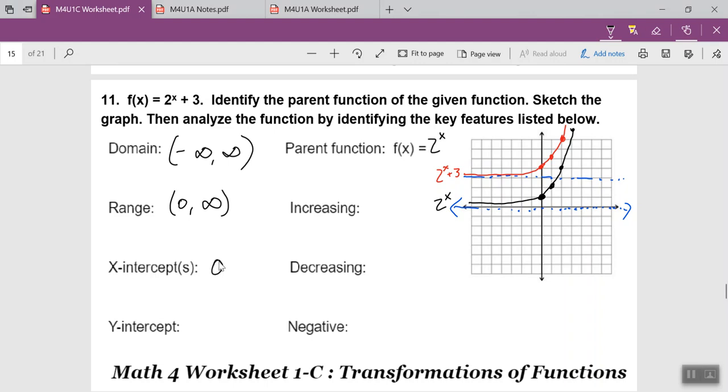There are no x-intercepts, and there's only one y-intercept that is up here at 4, from 0, 1, 2, 3, 4. Yeah, that is (0, 4). Increasing, the whole thing is increasing. So we're going to do that. We're increasing, and there is no decreasing. Nothing is below the line, so nothing is negative.